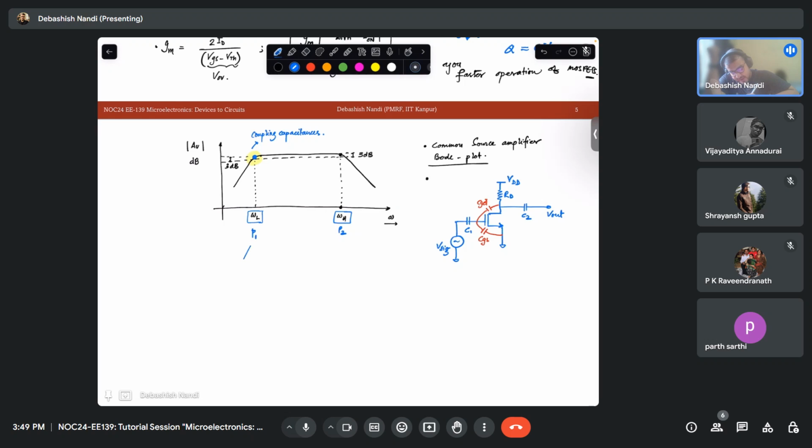So this is determined by, it will be in the form of some G over your C coupling, and this will be in the form of gm over your capacitances, mainly dominated by CGD times your (1 minus A) plus CGS, let's say.